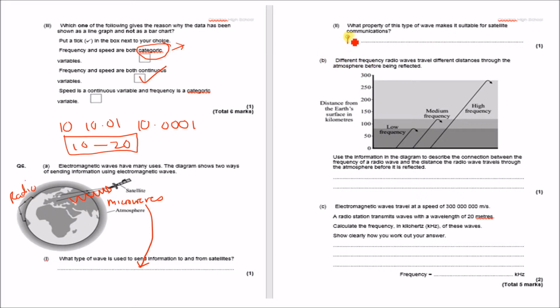Well, microwaves can penetrate, which means pass through, the ionosphere. And what does the ionosphere mean? The ionosphere is the part of the atmosphere that is charged, so it is the charged region of the atmosphere.